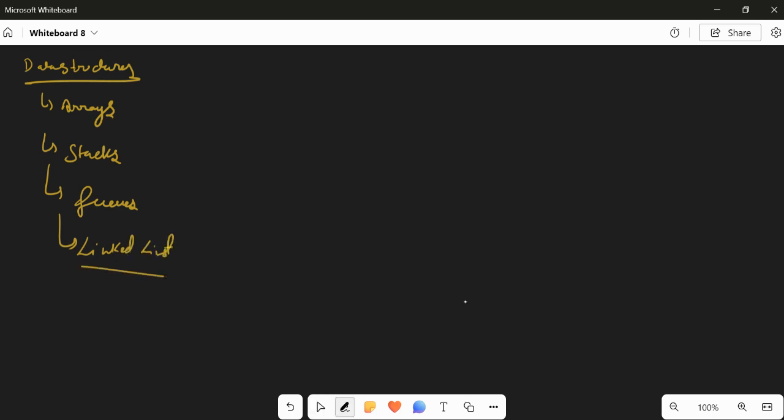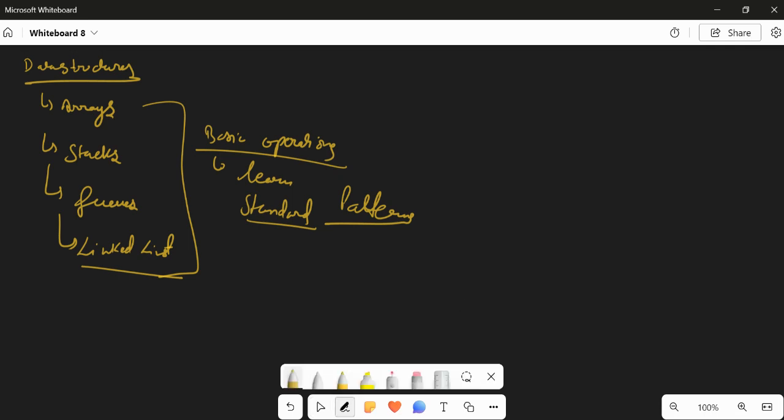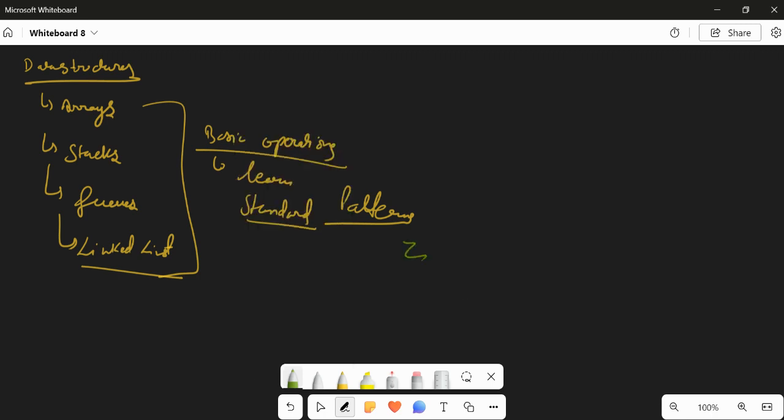First we will learn some basic operations on them. Then we will learn standard patterns on them. Like one standard pattern is reversing a linked list. This is very standard. So in this way, we are going with this series, right?